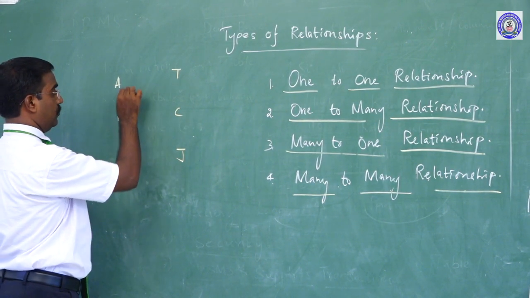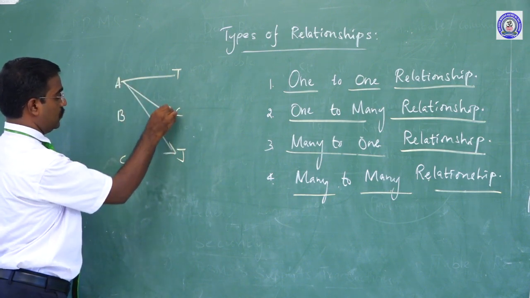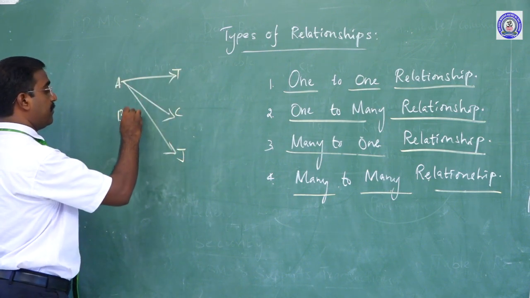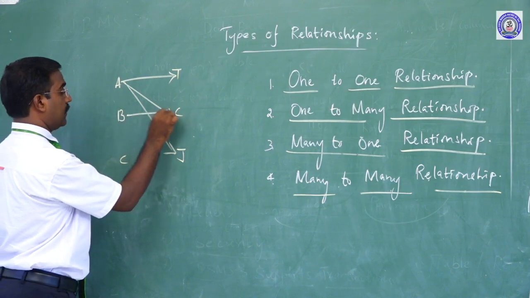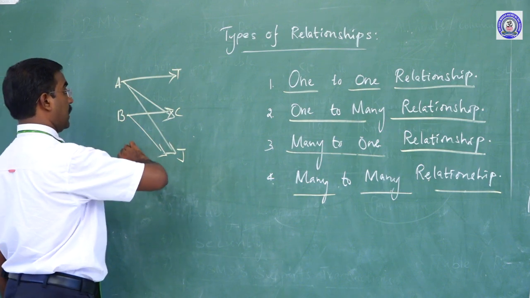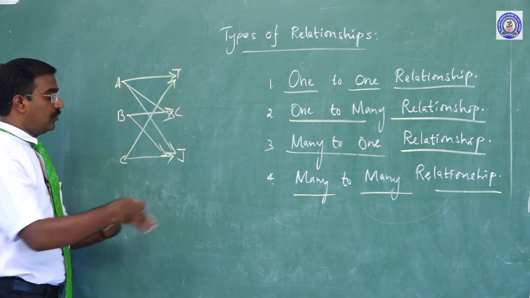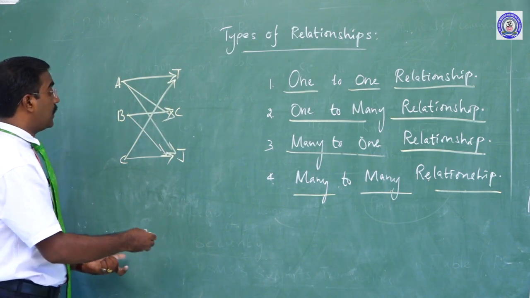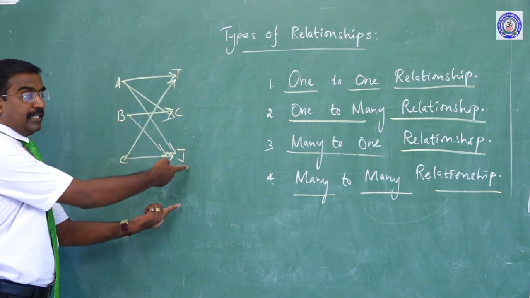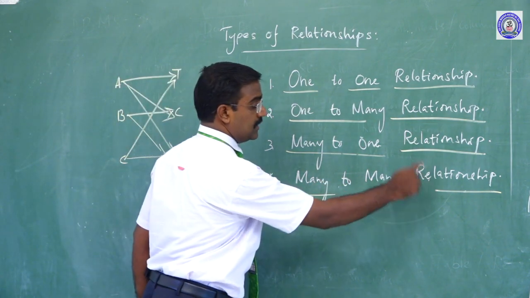Person B likes coffee and juice. Person C likes tea and juice. So what I am saying is, many persons like many things. That's why the fourth type is the many-to-many relationship.